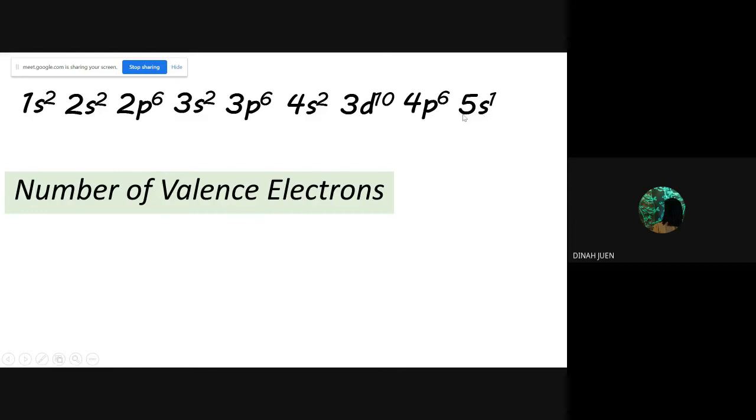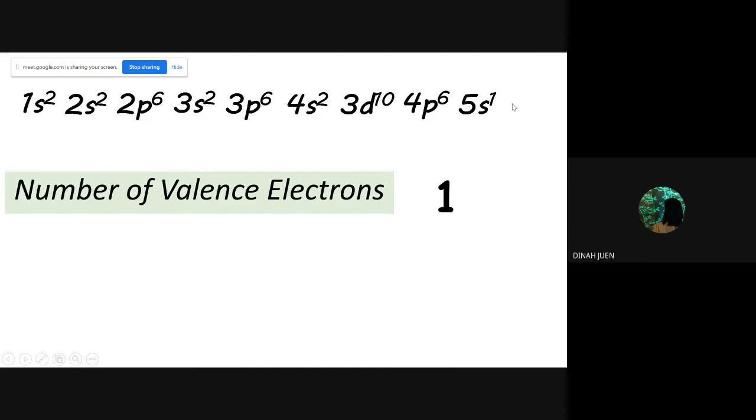It has s, having an electron of 1. So for the fifth level, the number of outermost electrons, or valence electrons, is 1. The answer is 1, because for 5, there's only 5s1.